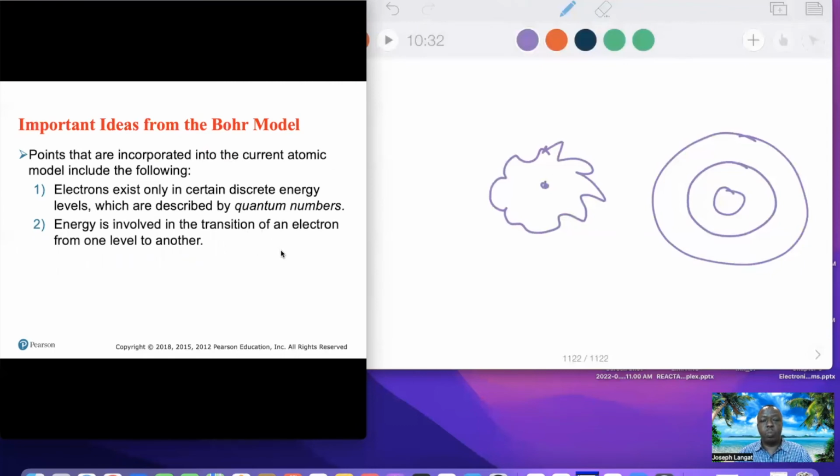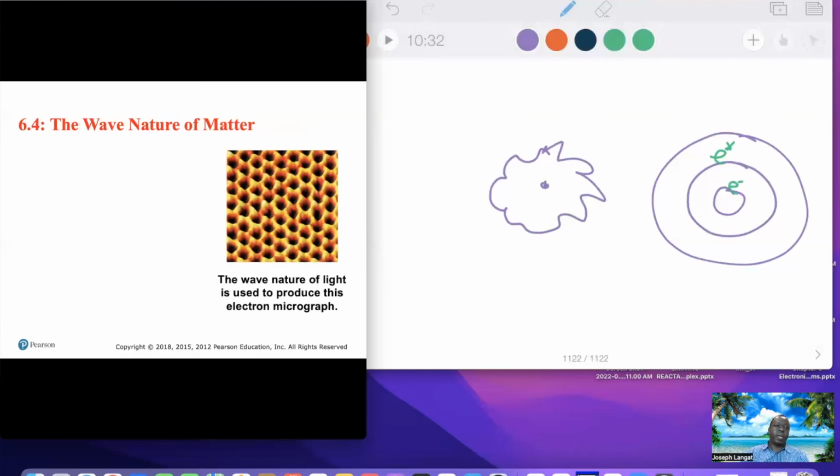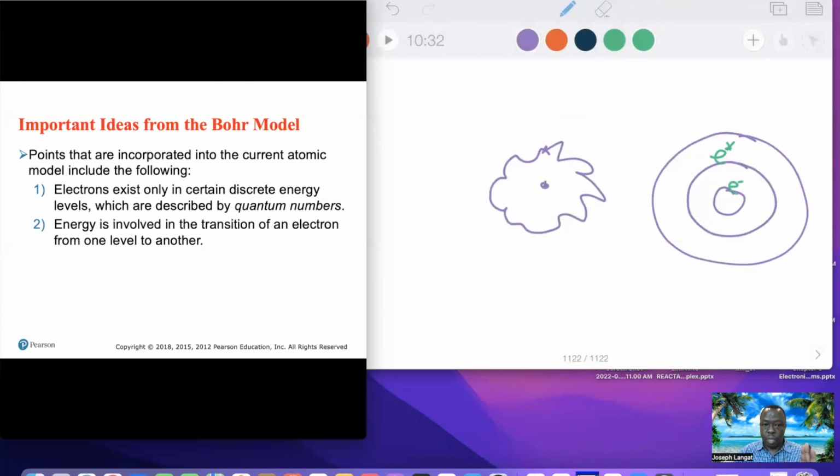For an electron to move from the ground state to the excited state, energy must be involved, which is true. So the first two statements, as far as Bohr's model is concerned, are true. We have calculated the energy.